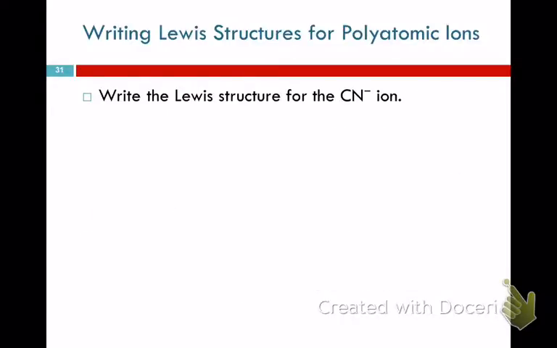Okay, so let's do CN minus. So skeleton, C bonded to N. How many valence electrons do I have there? 4 and 5, it's 9.